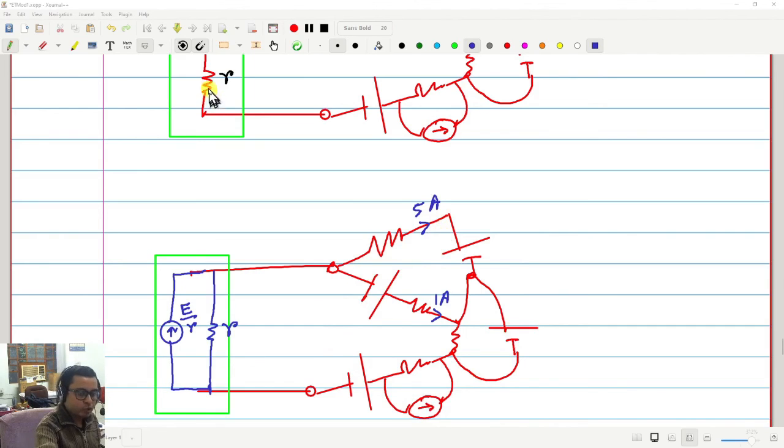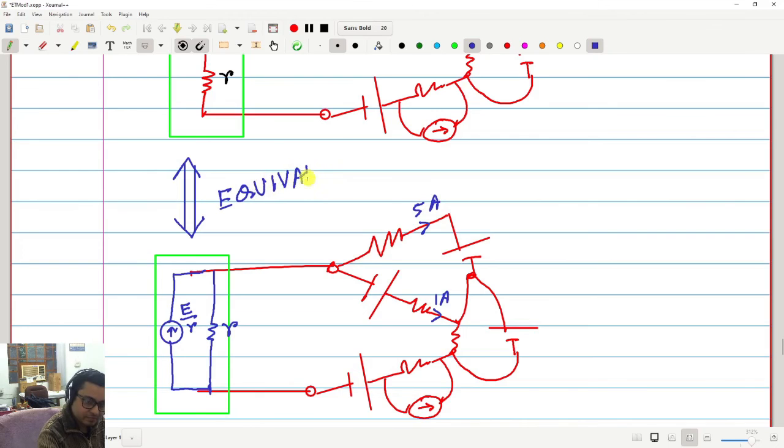It's like you can do a transplant of this component with this component, and the remaining circuit will not realize that something is changed. So this is another way of explaining what we mean by equivalence. You can change one with the other.